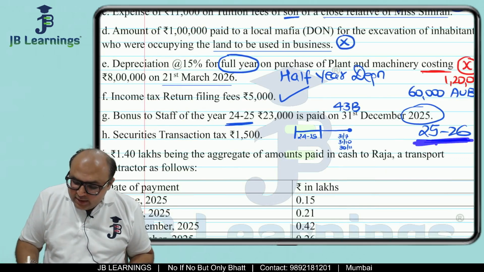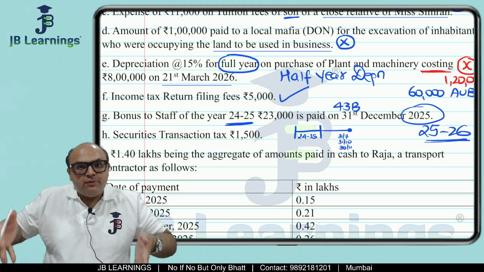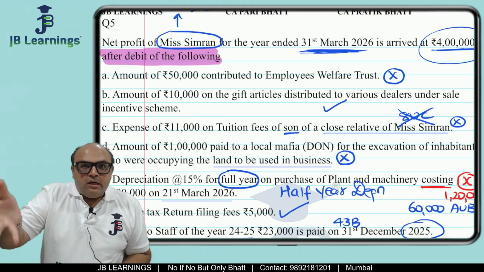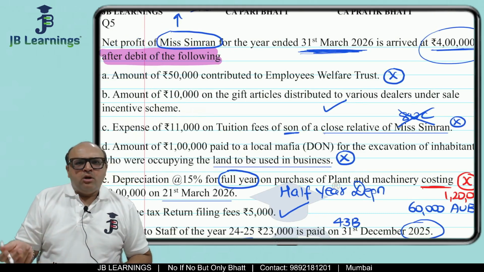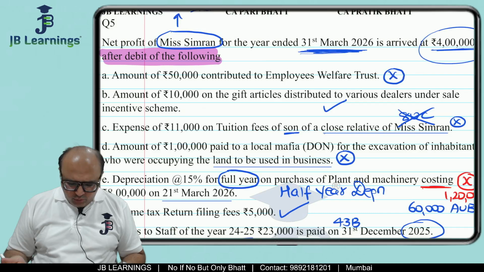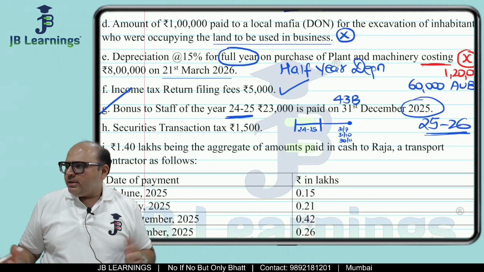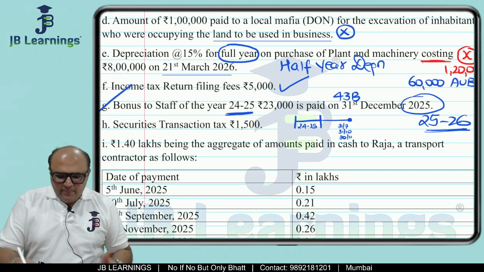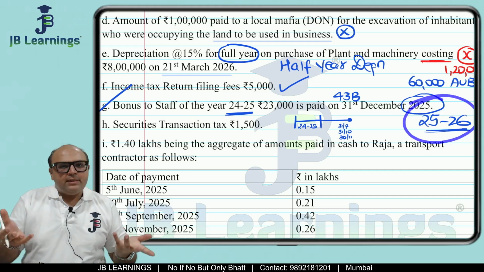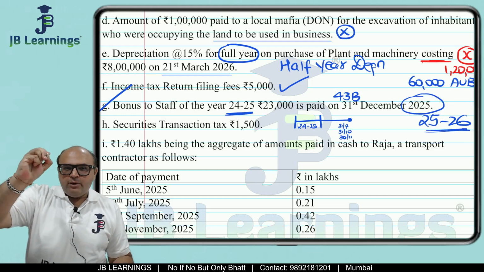If it is allowed in 25-26, it is already debited to the P&L. So very good, we are not supposed to do anything, because this bonus is allowed in the year in which it is paid, and it is paid in 25-26. So this expense should be allowed. Whenever the expenditure is allowed, we are doing a tick, right?